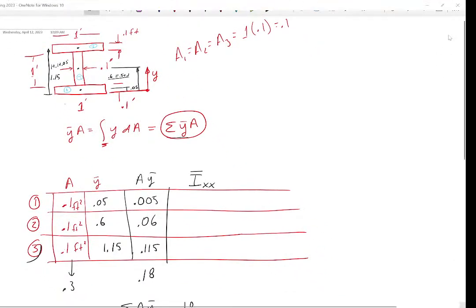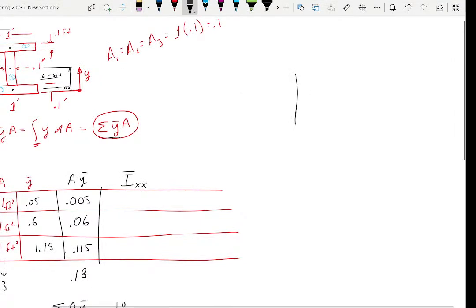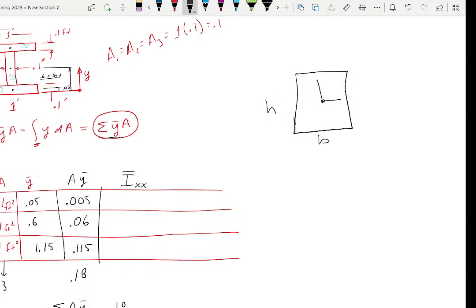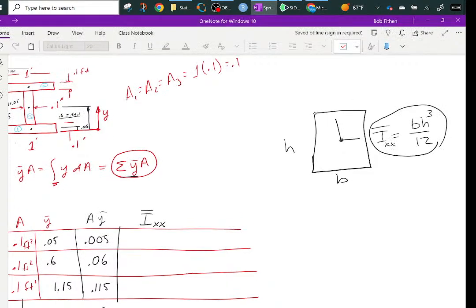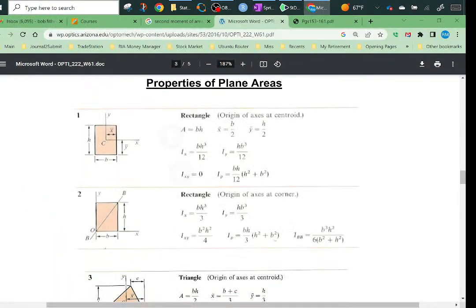It turns out if I have any sort of rectangle that has a base and height, and I'm looking at the centroid, the I bar is going to be base times height to the third over 12. Now, xx. So let me go and verify that with these terms that you can see here.